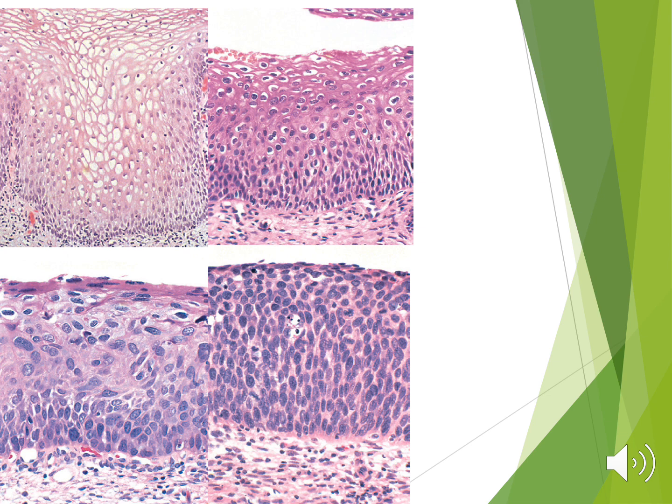The lower left image shows CIN2, where now there is widespread proliferation involving the lower two-thirds of the epithelium, while the surface of the epithelium is flat and normal. Finally, the left lower image shows CIN3, in which the neoplastic proliferation involves the whole thickness of the epithelium. In CIN1, 2, and 3, the epithelial basement membrane is intact and there is no invasion to the underlying tissue.